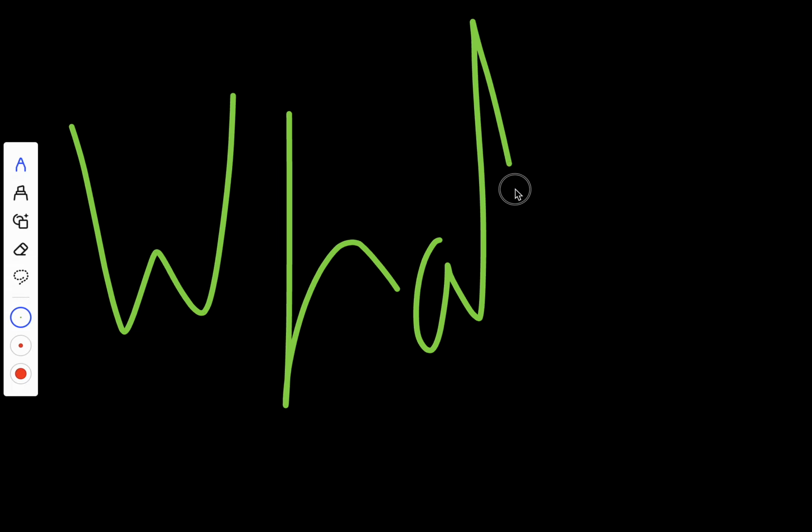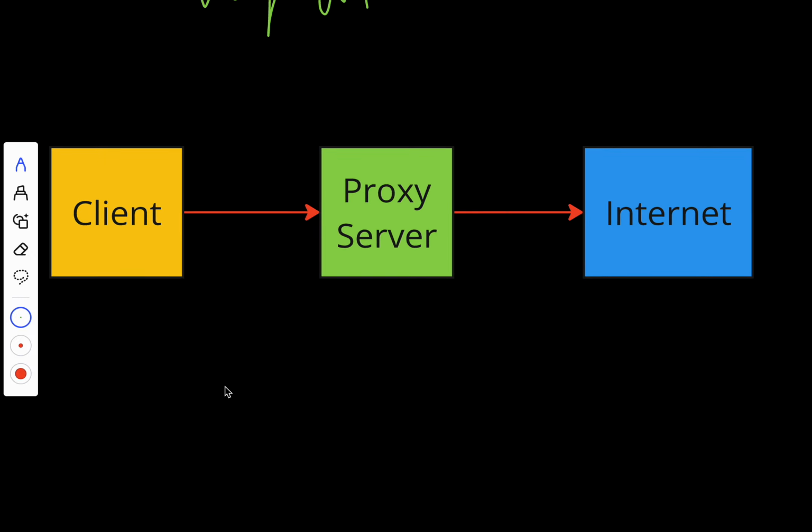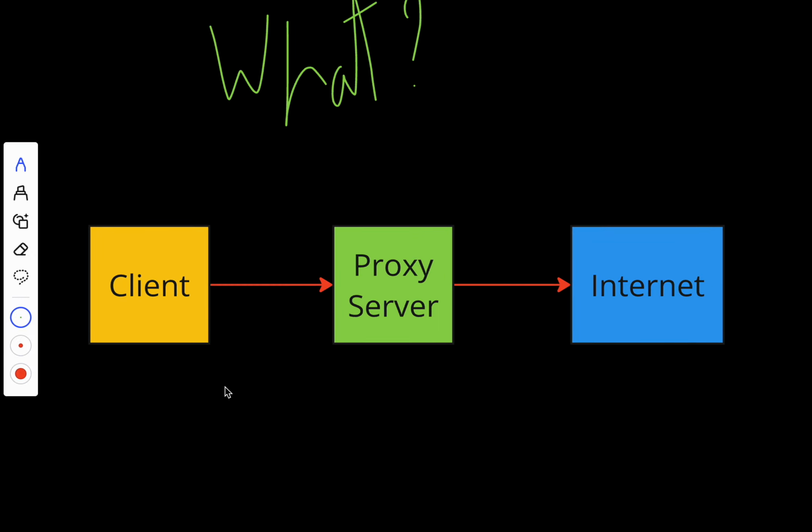So, what exactly is a proxy server? Let's look at this example to understand it better. A proxy server is essentially a gateway that sits between you and the internet.